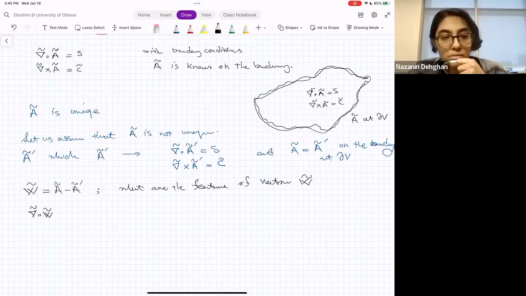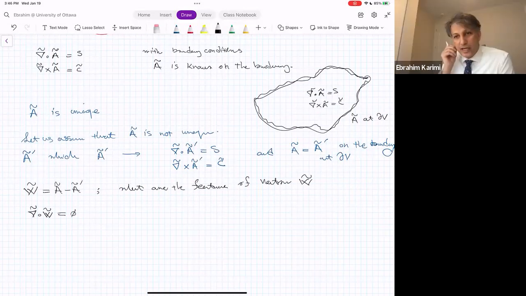It's 0 because it's divergence of A minus divergence of A prime, and they're exactly the same, so it will be 0. Do you agree, guys? Everyone? Thumbs up or not?